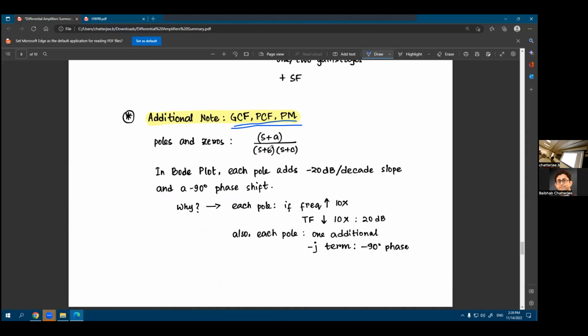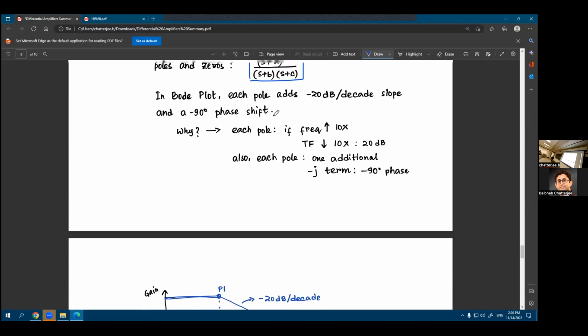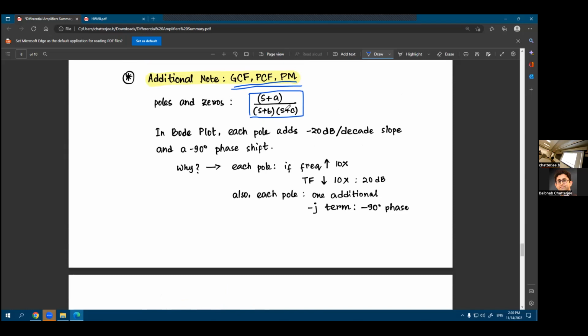So for any system, there could be multiple poles, there could be multiple zeros. For example, for this transfer function, this is just a random example transfer function that I have written here, in your numerator you have s plus a. So that means you have one zero. And in the denominator, you have two terms, s plus b and s plus c, which means there are two poles. What are the locations of these zeros and poles?